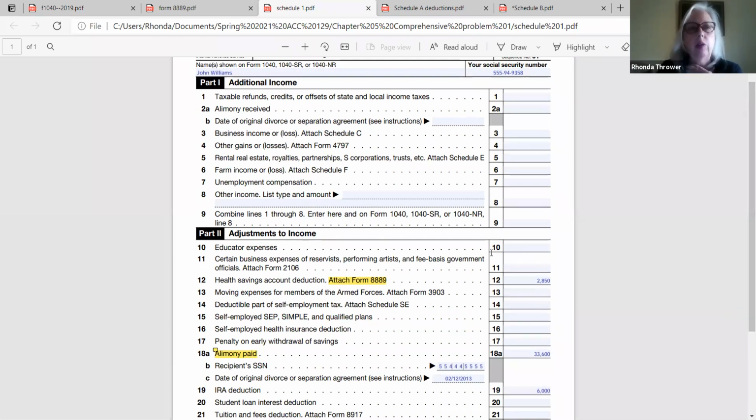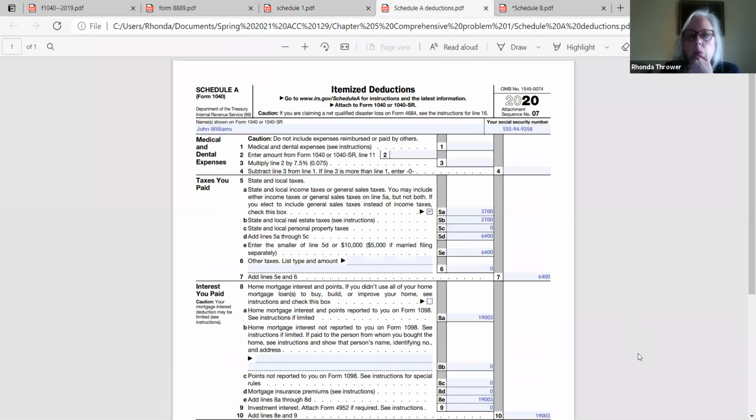And so the next thing we need to complete is our Schedule A. So we're looking at Schedule A for itemized deductions. And again, you're going to put in the name of the client and the Social Security number. We didn't have any medical and dental expenses for this particular client. And so what you have to do is read to see what's applicable to this form. And we did have some sales tax that was given in your instructions.